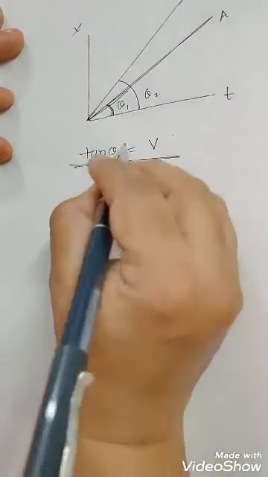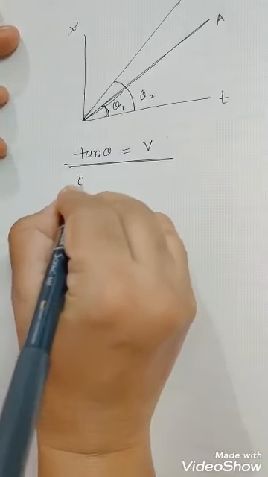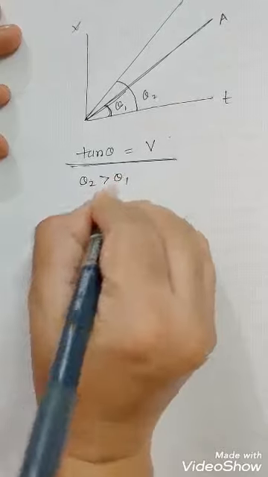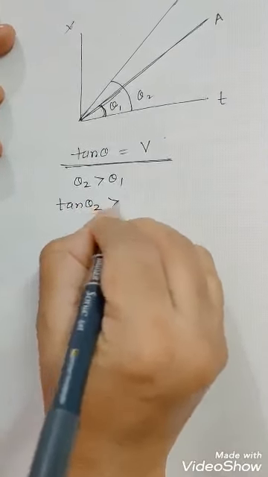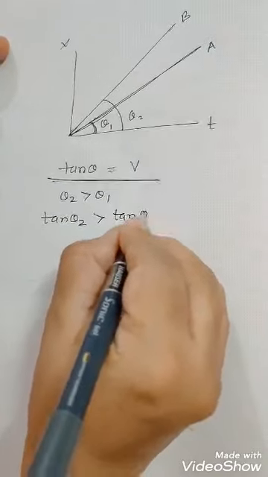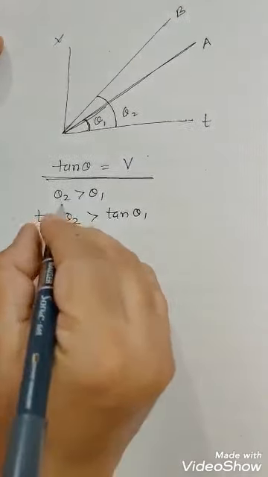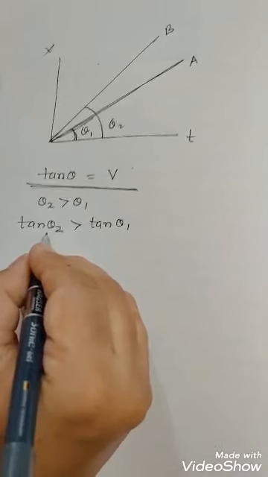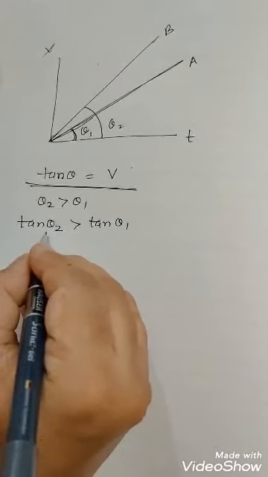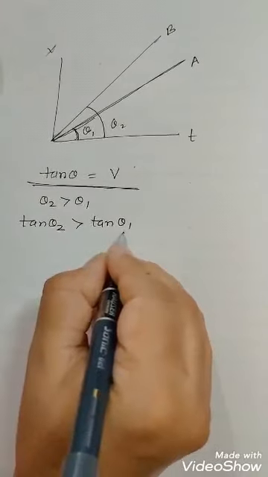What you find here is that since theta 2 is greater than theta 1, tan theta 2 will be greater than tan theta 1. We know that as we increase the angle, the value of tan theta increases. So tan theta 2 will be more than tan theta 1.